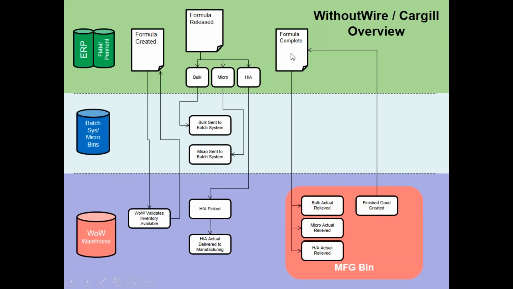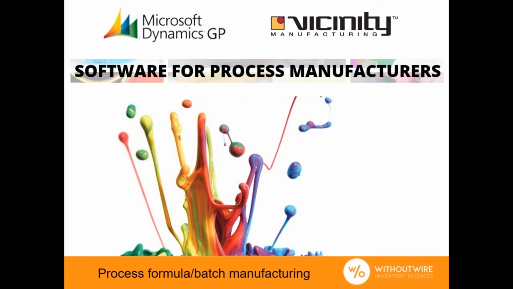And finally, the hand adds are added, and to manufacturing, as a kind of a pick and ship through our system. And then when the formula is complete, creating it in our system and really the bulk, micro, and the hand adds. So I just wanted to comment on that to dive deeper with anyone on an individual basis.